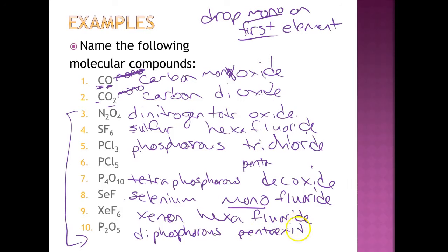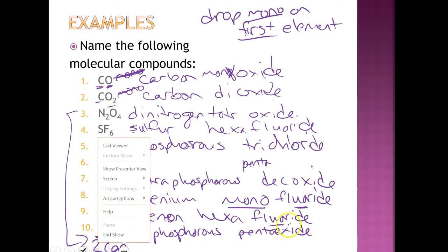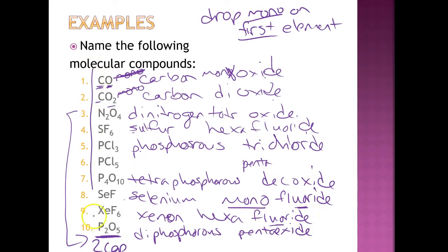Pentaoxide is fine too. Want to point out, spell fluoride correctly. The other thing I want you to look at is there's only 2 capital letters. And all of them are on the right side of the staircase. All of them. That's how you know. Okay? You look at where they're located, and if there's only 2 capital letters, that's how you name them.